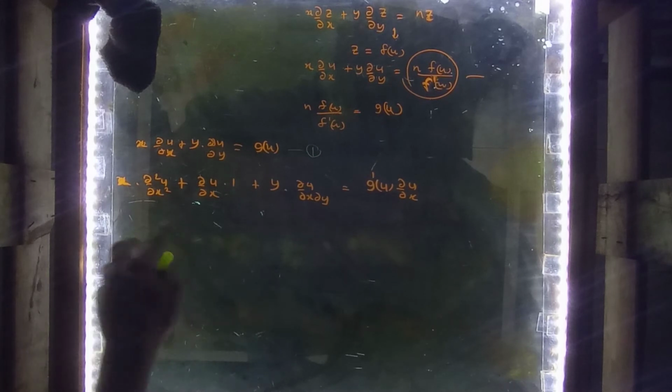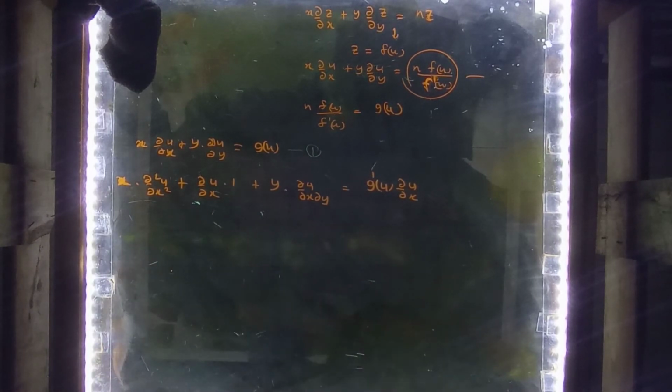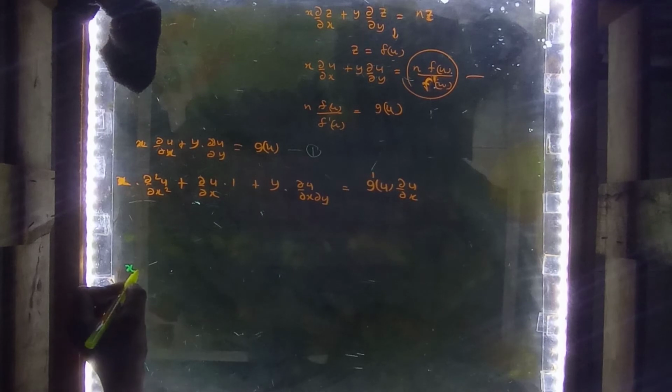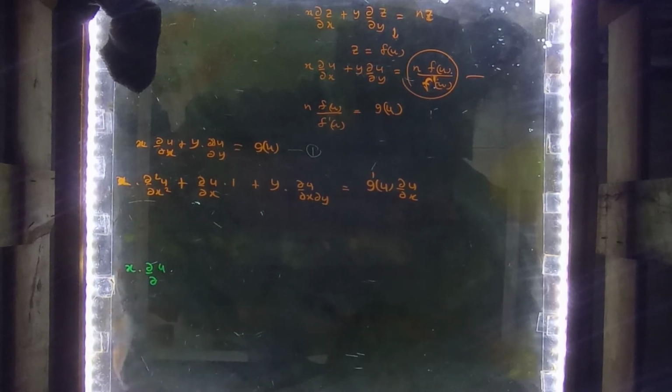So x times partial squared u with respect to x and y.